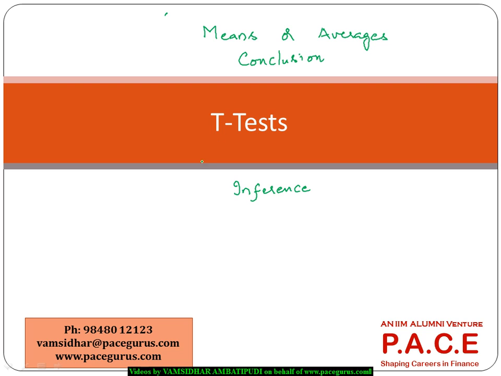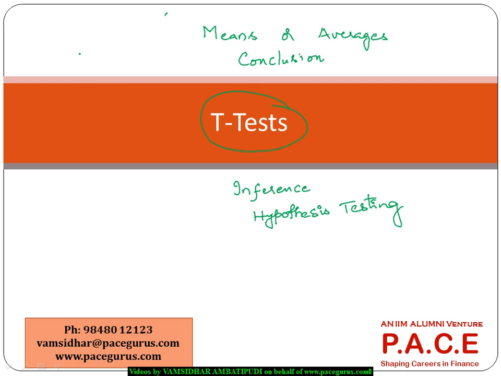So every calculation that we are doing, we have a statistical inference to be made, which we have discussed using our understanding of hypothesis testing. Hypothesis testing is a mechanism which tries to create an inference from the calculations.